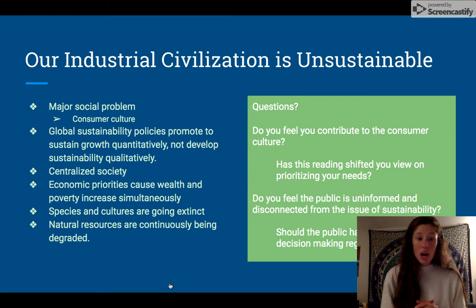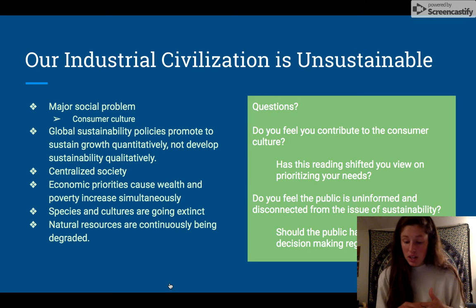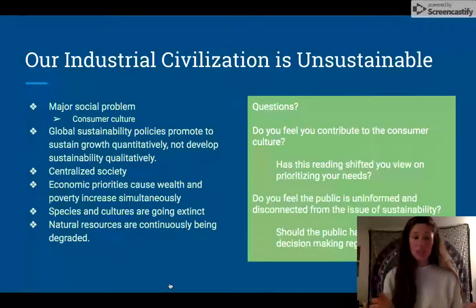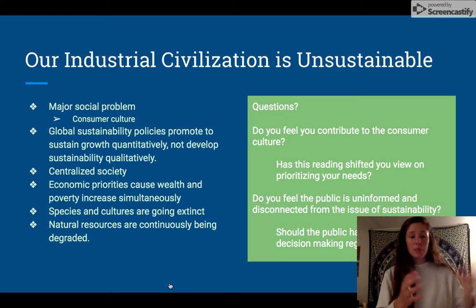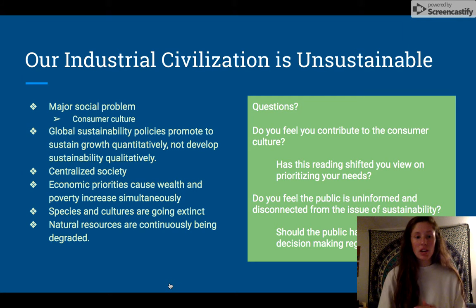One part of us being unsustainable right now is that species and cultures are going extinct. I think within 50 years, 25% of all of our plant and animal species will be extinct. And with cultures, as we become less diverse, we will be losing things like language and knowledge from the past, which is huge in us moving forward.